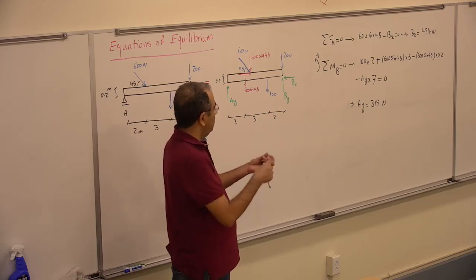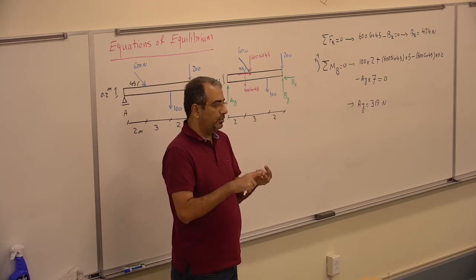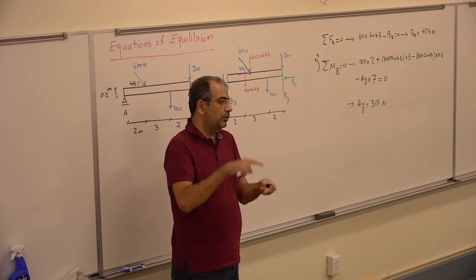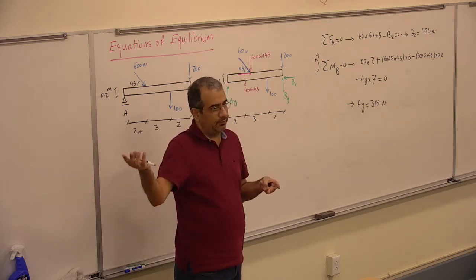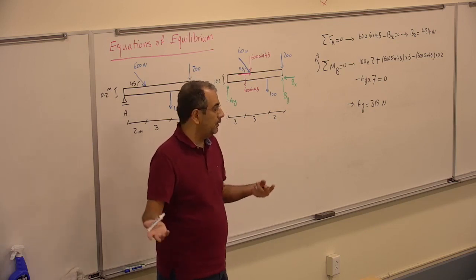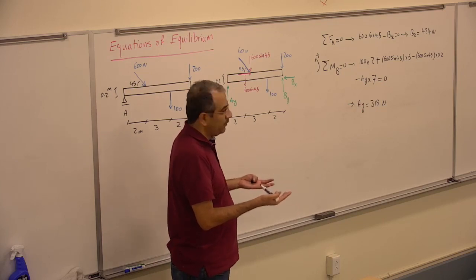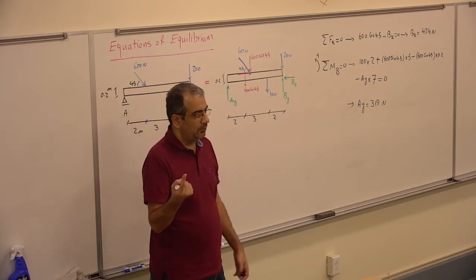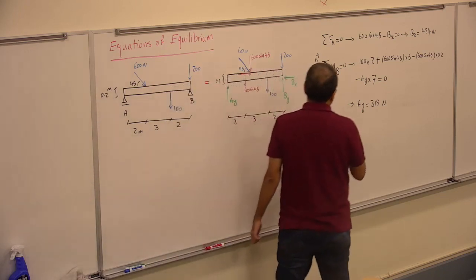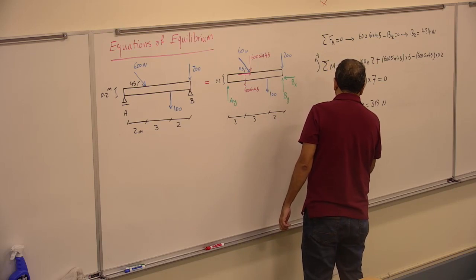So now I already exhausted the sigma fx and sigma M. I have two options: either write the sigma fy equals 0, or write the sigma moment about another point. If I write the sigma fy equals 0, I have only one unknown, so it's probably easier to write the sigma fy equals 0.